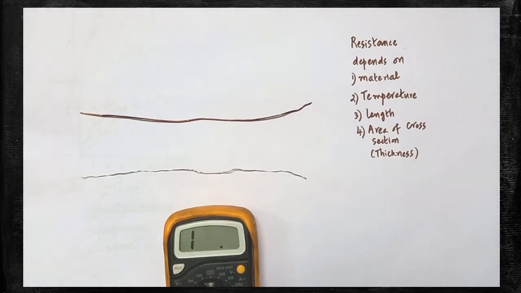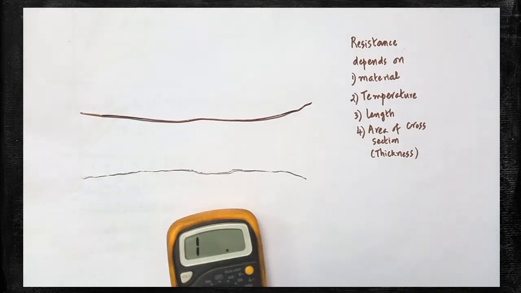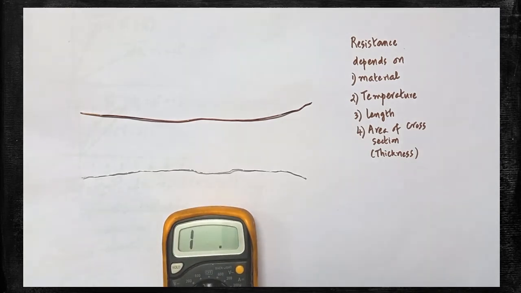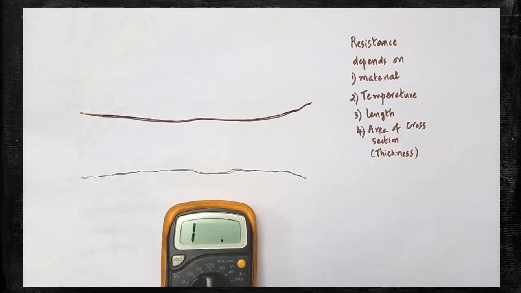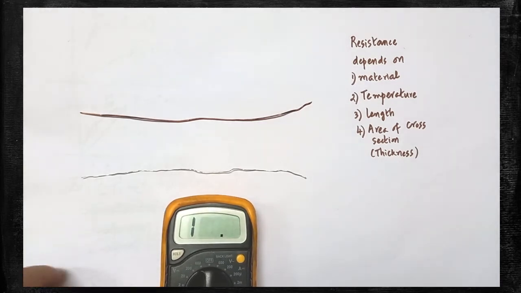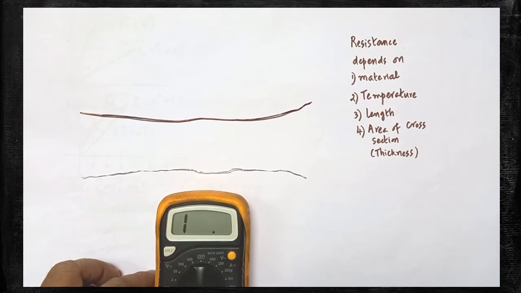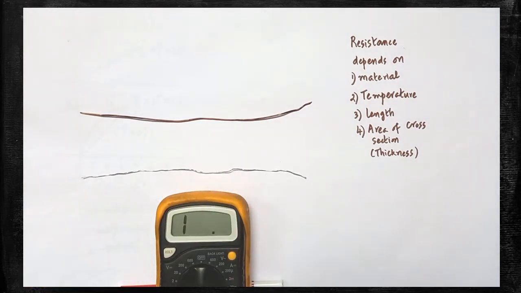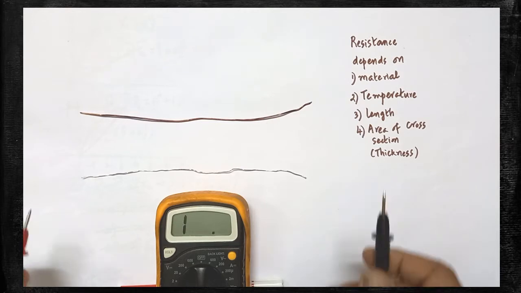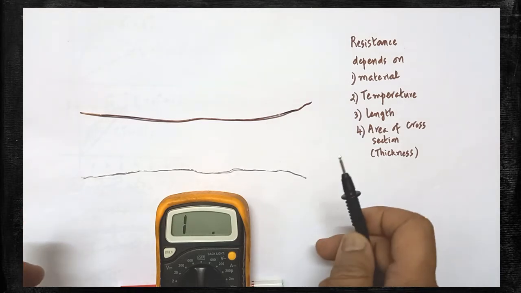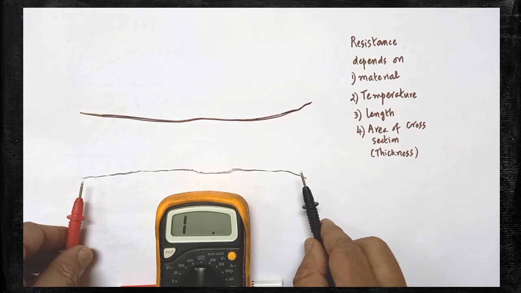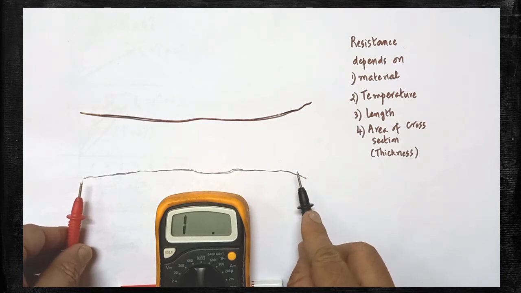It's very interesting. You should know about the device, and whenever this instrument is used, you should know how to use it. Are you clear? With the help of the probes, we are able to measure the resistance. Here the red probe and black probe are both there. Now I am going to measure the resistance of the nichrome wire first.